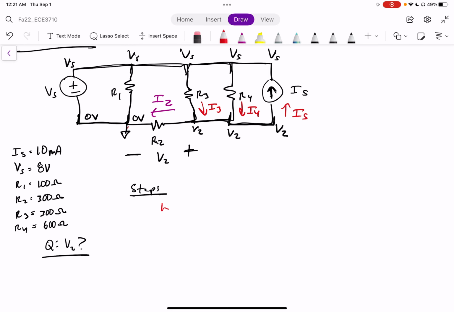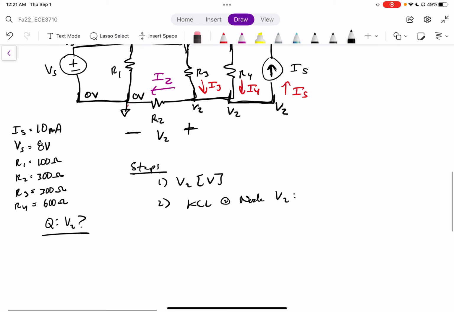So we're solving for V2 in units of volts. So KCL at node V2 is going to look like what? Summation of currents going into a node is equal to summation of currents going out a node. So what's going in? I3 plus I4 is equal to I2 plus IS.